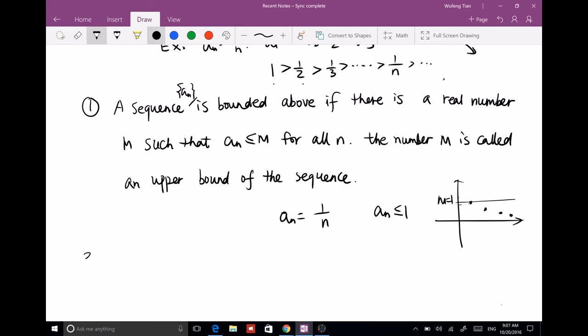On the other hand, we also have a bounded below definition.